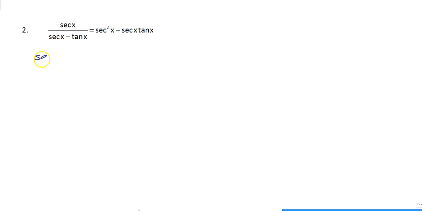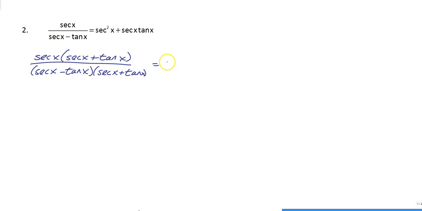So if we do that, we're going to have secant x times secant x plus tangent x all over secant x minus tangent x times secant x plus tangent x.